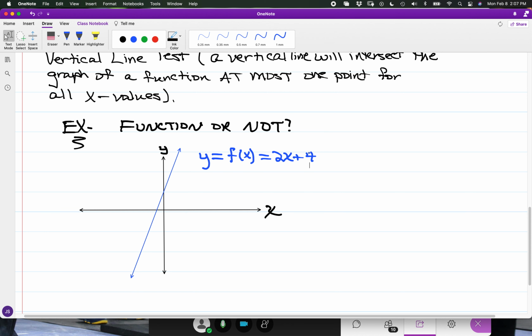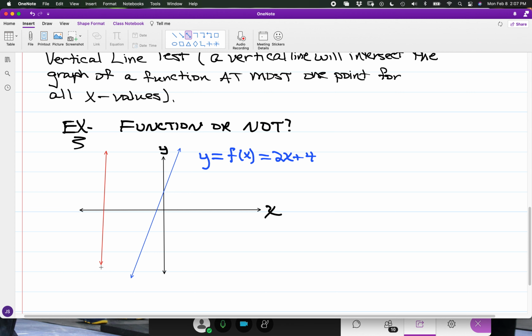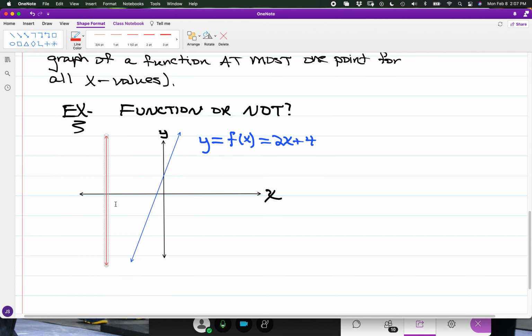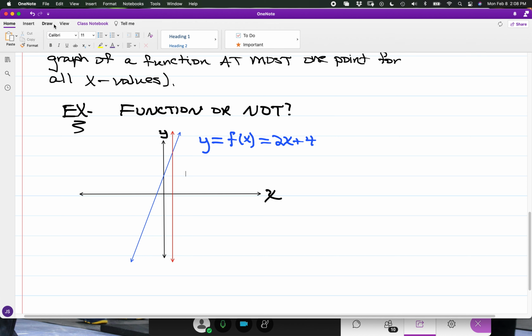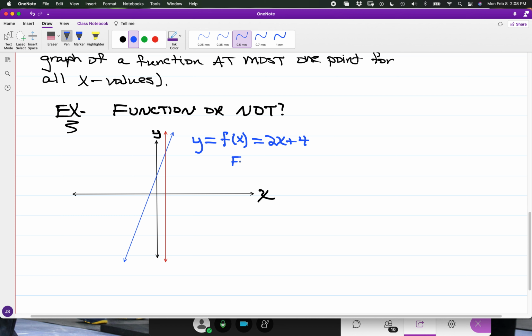If I'm applying the vertical line test and running it through the graph, going from end to end, I have intersection at one point, and as I continue along what I have for x, I still have at most the intersection at one point. So y equals 2x plus 4 is going to be a case of a function.